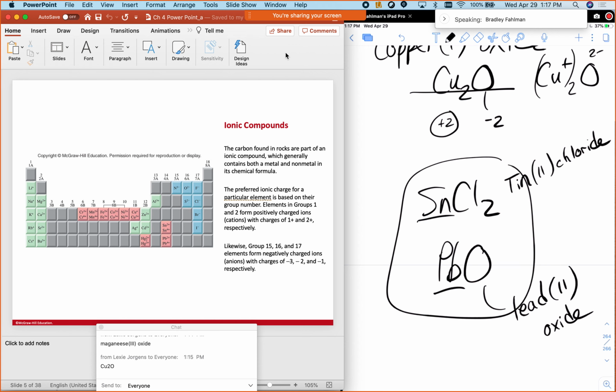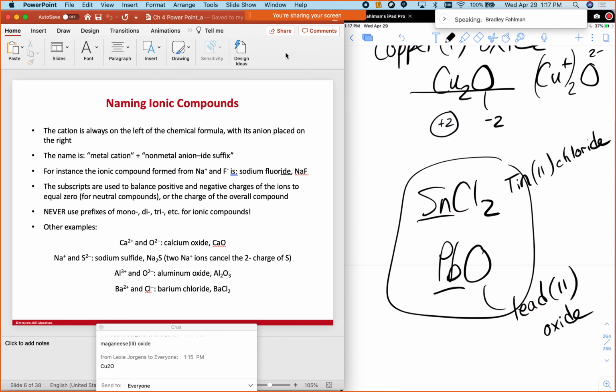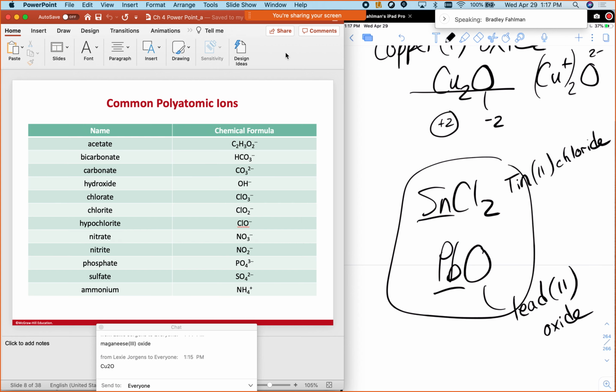All right, so naming ionics. There are some examples here for you. These polyatomic ions, you have a couple pages of paper to write your notes on. So this would be something I would suggest you jot somewhere on both sides of your 8.5 by 11 paper. These names. You don't need to include really any others.